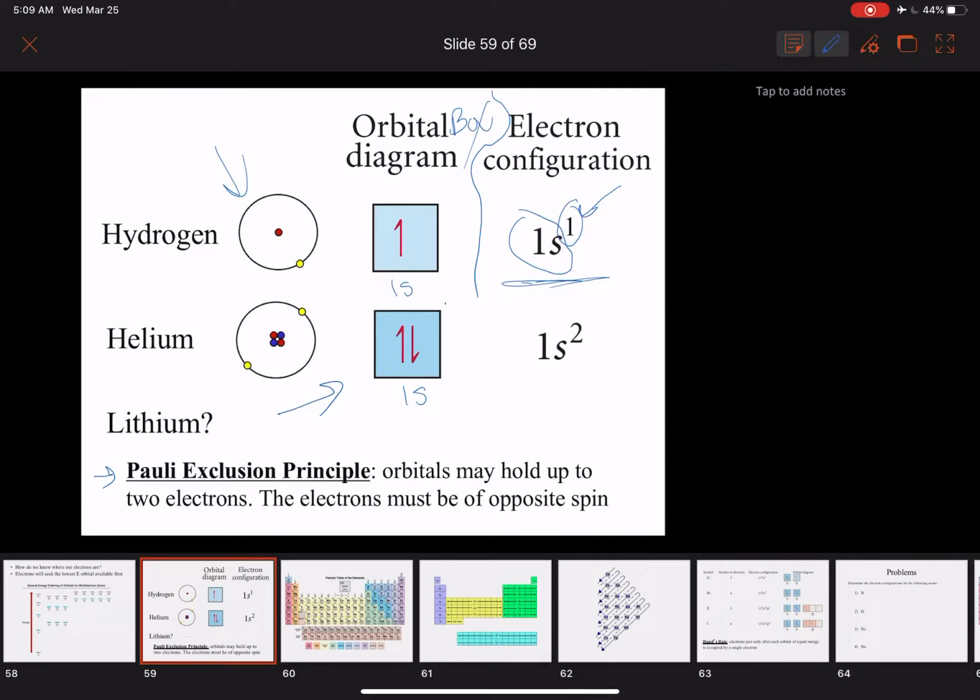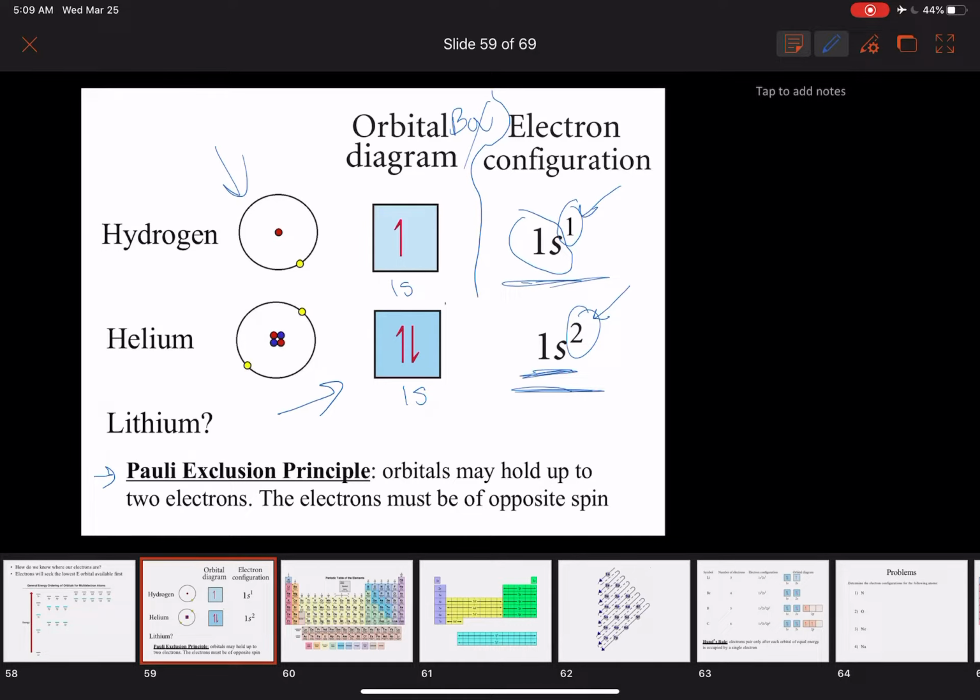Now the electron configuration for helium, again, just a different way of explaining where the electrons are going from the orbital box diagram, is written this way right here. There are 2 electrons in this 1s orbital, and the way we say that is that the electron configuration for helium is 1s2.